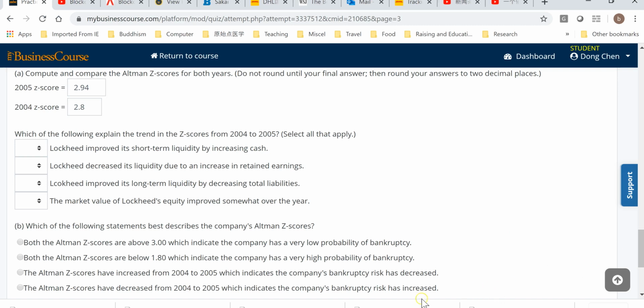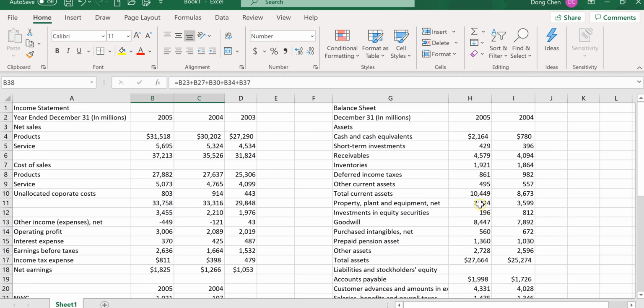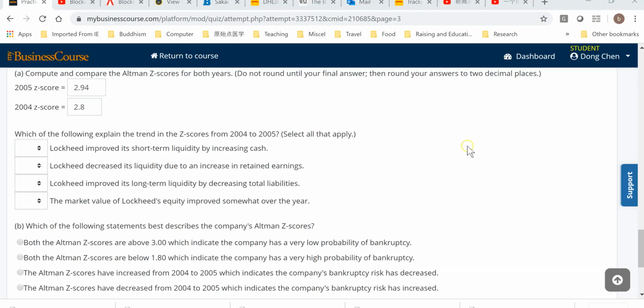Is that true? Let's go back to the balance sheet, because cash is one item on the balance sheet. From 2004 to 2005, cash and cash equivalents does seem to increase, from 780 to 2,164. So it does increase, improved its short-term liquidity. So this seems to be correct.